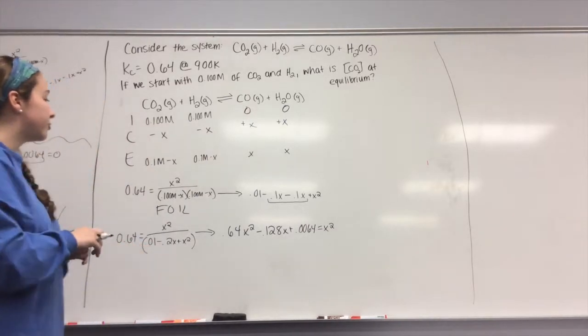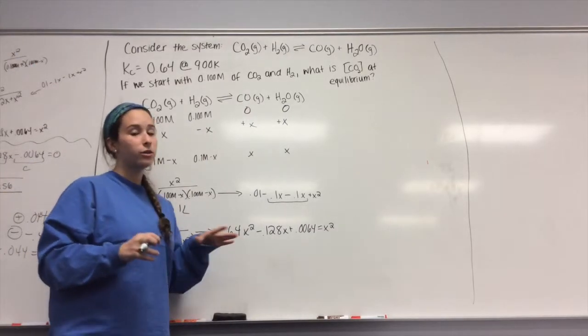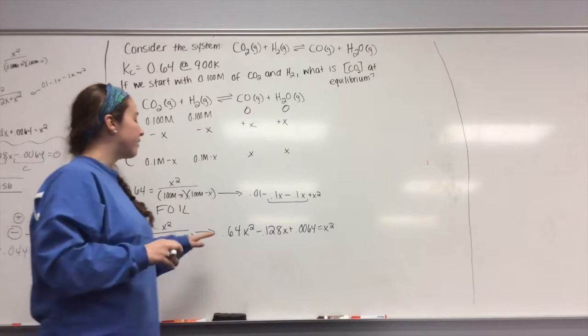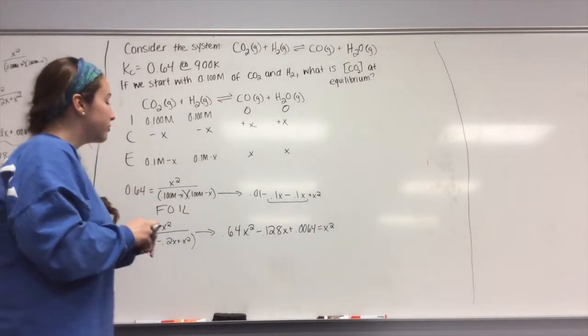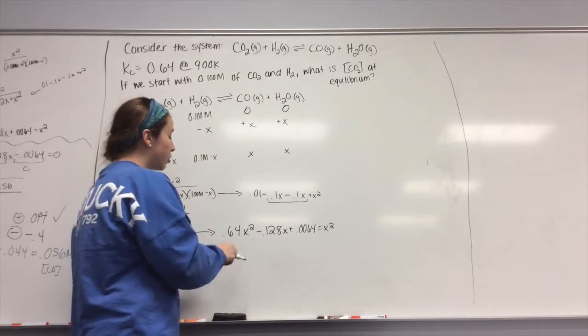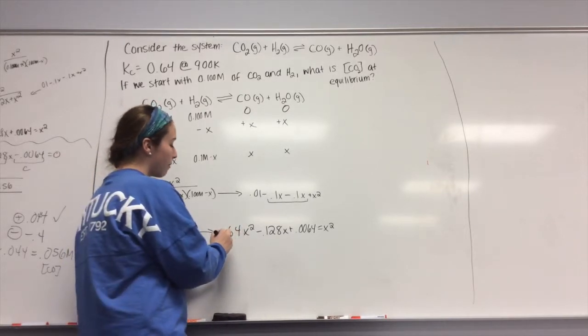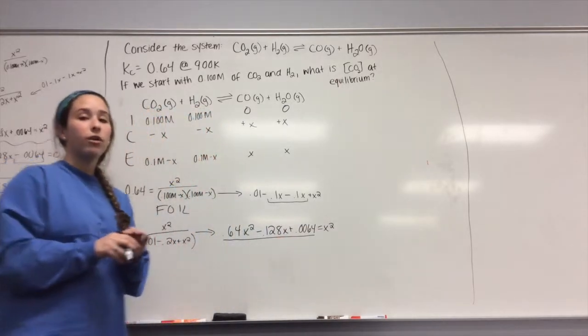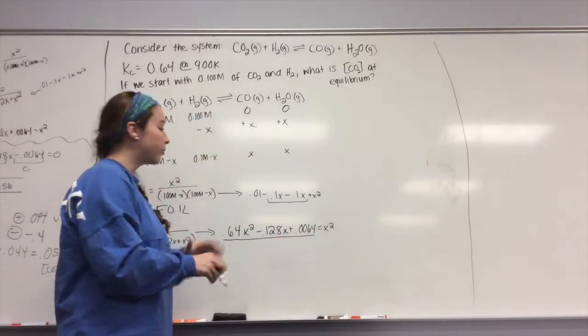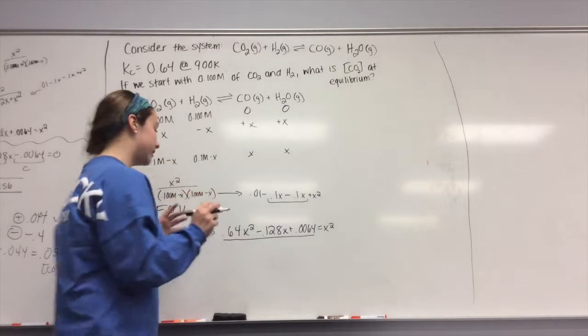Now, in order to plug this equation into the quadratic formula, we need to have the equation in its quadratic form. And so we can do this by subtracting both sides by all of these values here on the left side, to get all of our variables on one side and have it equal to 0.